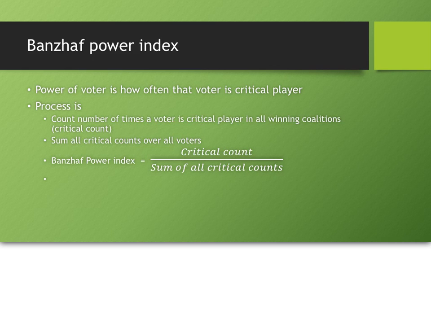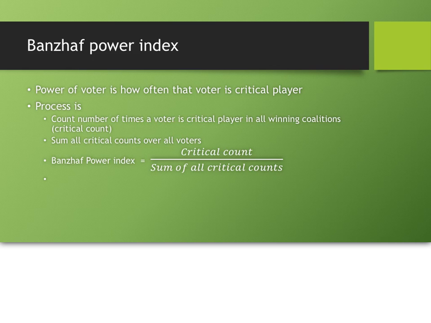All right, so here's what's going to happen. Basically, the critical players in the winning coalitions is what's going to matter in the Banzhaf power index, okay? So basically, we're going to correlate how often a voter is a critical player, or how often the voter was a critical player, okay?